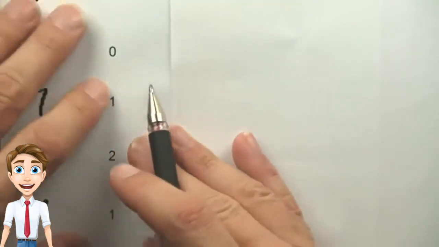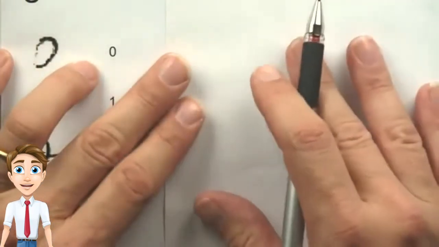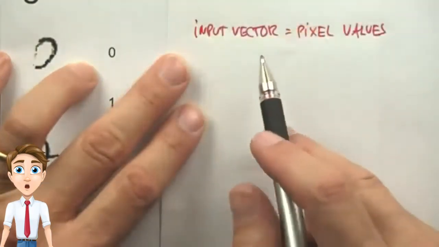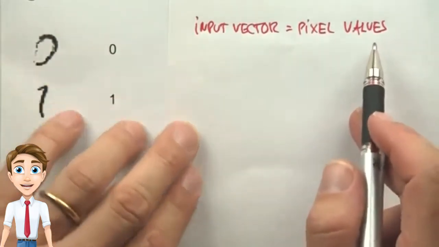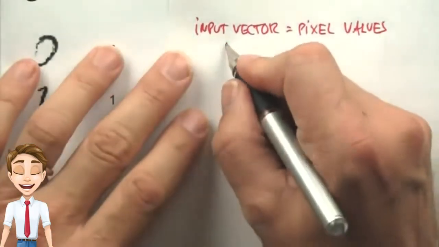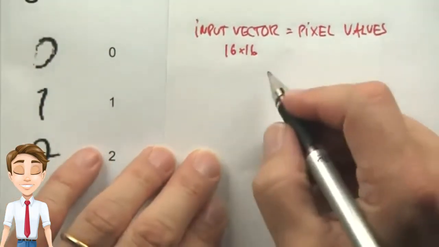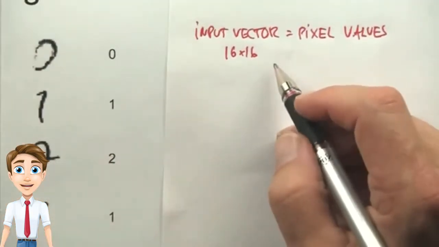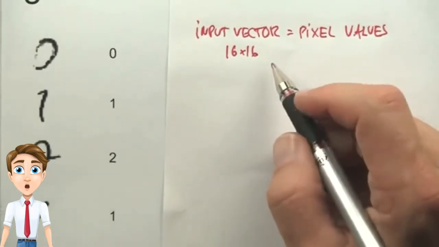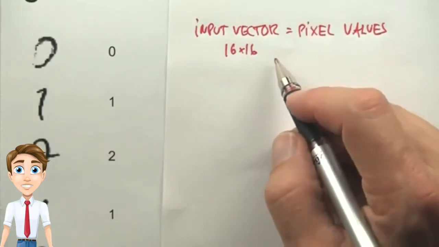Now, when you apply naive Bayes, the input vector could be the pixel values of each individual pixel. So we have a 16 by 16 input resolution. You would get 256 different values corresponding to the brightness of each pixel.